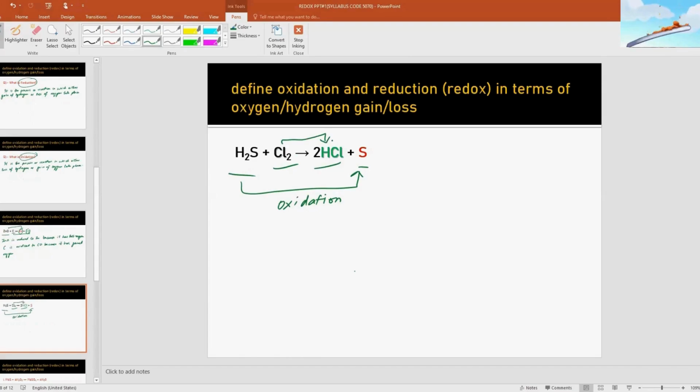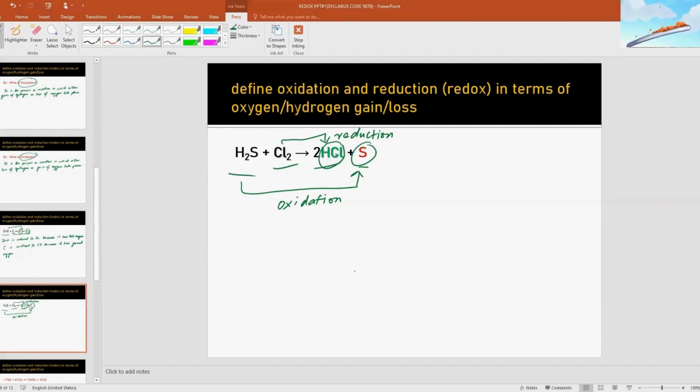Therefore, we can say Cl2 has undergone reduction. Let me write. S is written in red on the product side, which indicates that it has lost hydrogen, and HCl is in green, indicating that it has gained hydrogen. The reaction is also an example of redox reaction.